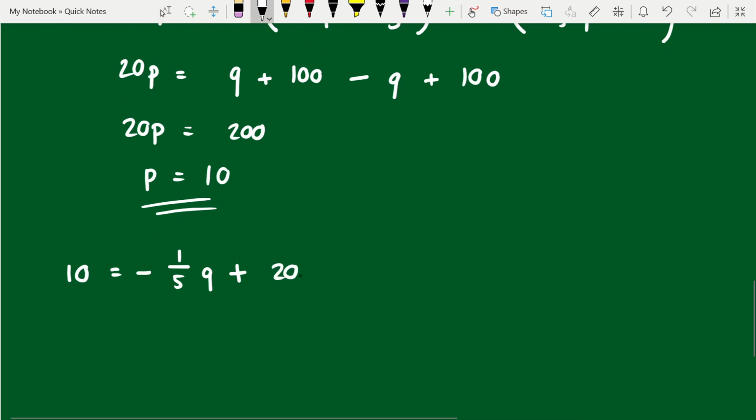Multiplying both sides by 5, we yield 50 is equal to minus q plus 100. Therefore q is equal to 50. And as we'll note from above, these are precisely the same values that we achieved when originally solving for the equilibrium value of price and commodity value in part A. And that's the question done.